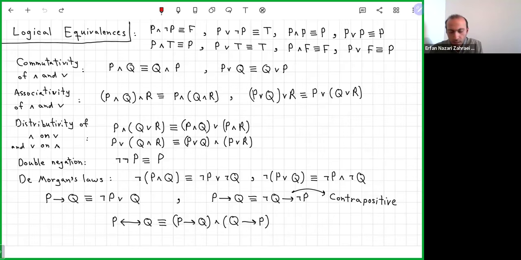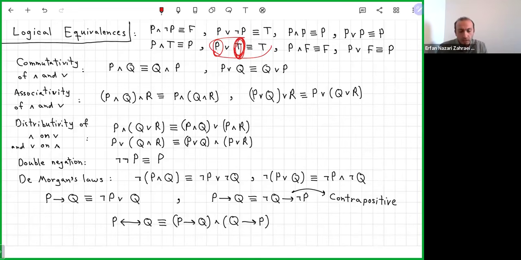Let's do one more. I don't know, this one. So I have an or of two things, P and a statement which is always true. Or is true if at least one of them is true, but this is already true.